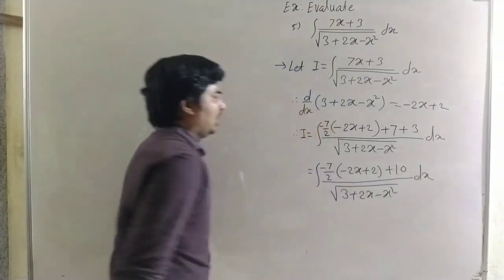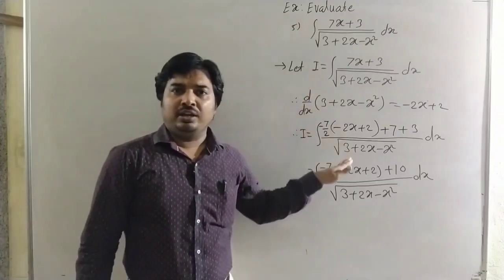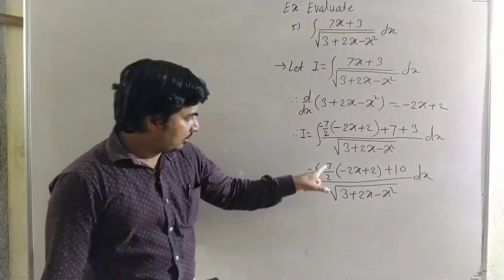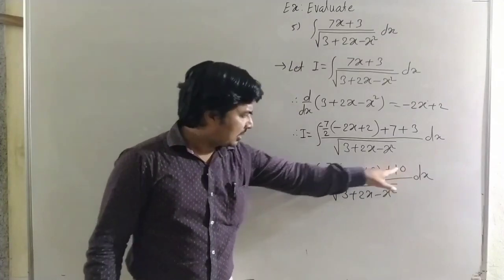When we use the method linear function is equal to a into derivative of quadratic function plus b, then we get the value of a is minus 7 by 2 and value of b is equal to 10. And we can write this term.